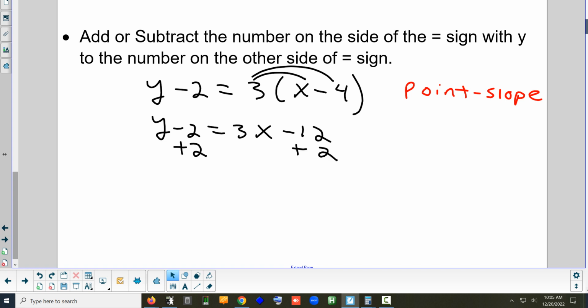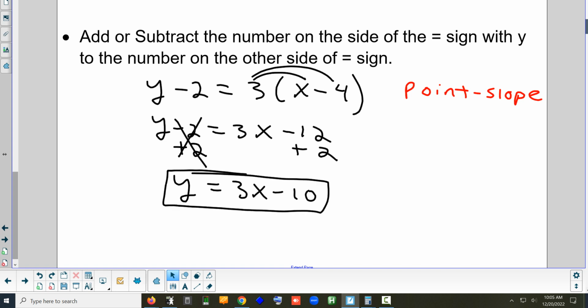And we would add 2. Negative 2 plus 2 cancels out. And what do I have on the left side now? We just have the y. And what am I going to have on the right? And negative 10. Exactly. So that is slope intercept.